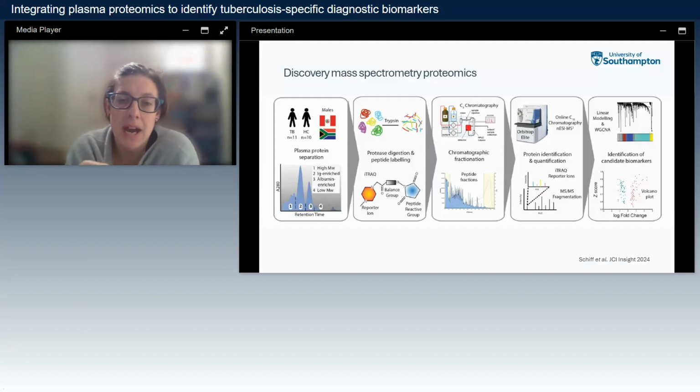All the proteins were tagged, which doesn't alter the way the protein flies in the mass spectrometer, but the tag can then be married back up. It changes on the secondary fragmentation, so you can then identify which patient the protein came from. So that is quite an extensive lab protocol.